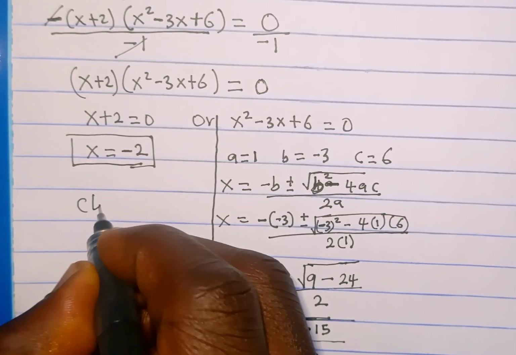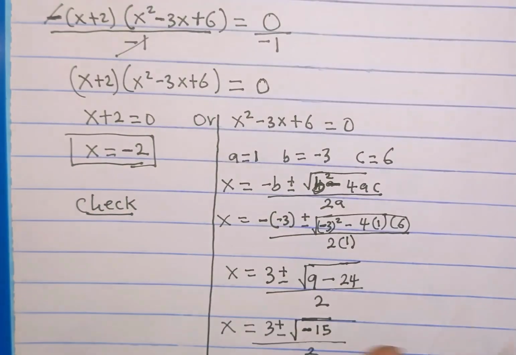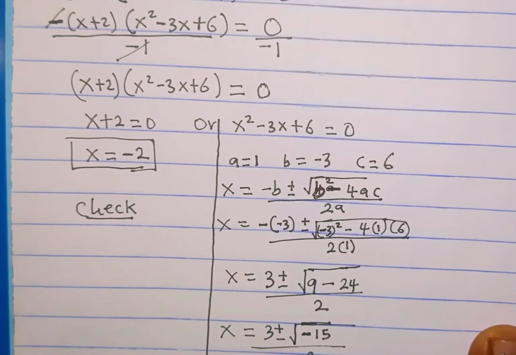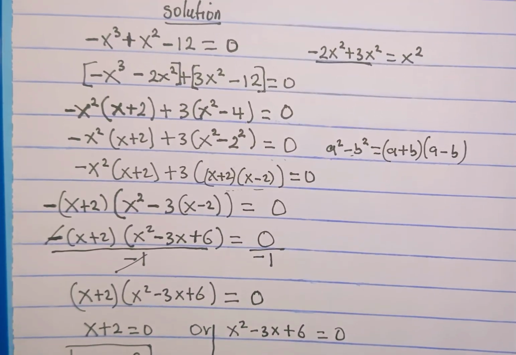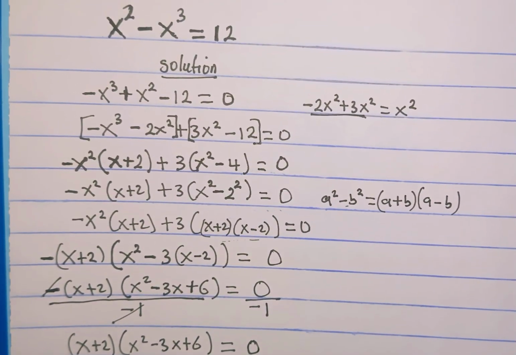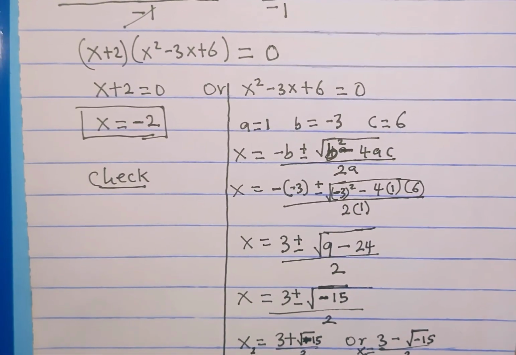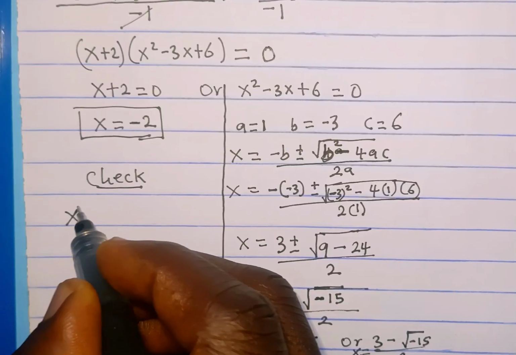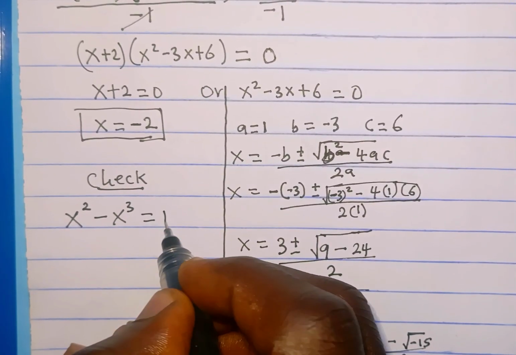Now we want to check if truly x equal to negative 2 satisfies the equation. To check that, we need to copy our original equation, which is x to the power 2 minus x to the power 3 is equal to 12.